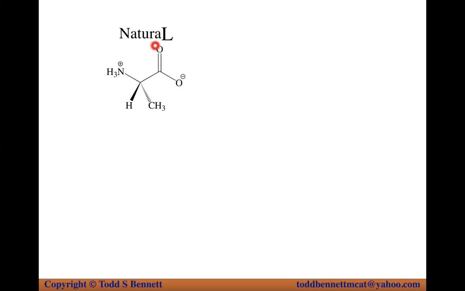So natural amino acids. Amino acids are naturally L. They are natural. So we digest sugars, so D for digest. And natural L amino acids. So amino acids are natural. So this would be what's known as a zwitterion. It has charges on the amino terminal positive and carboxyl terminal negative, but overall it's a neutral species.